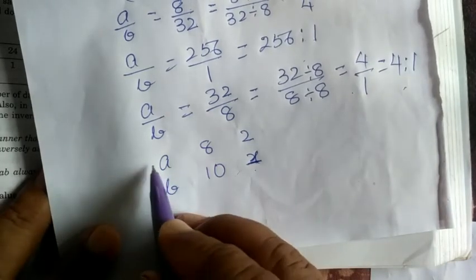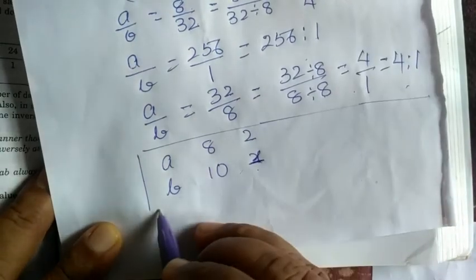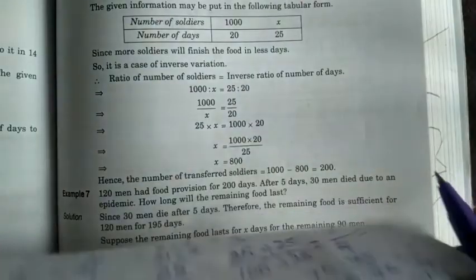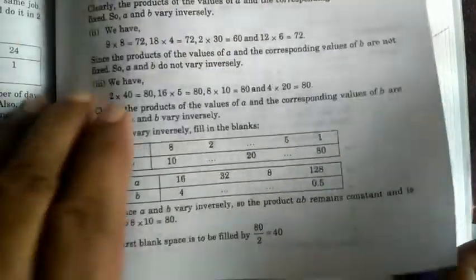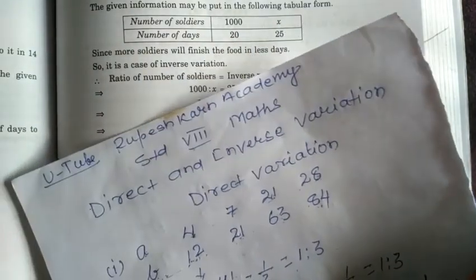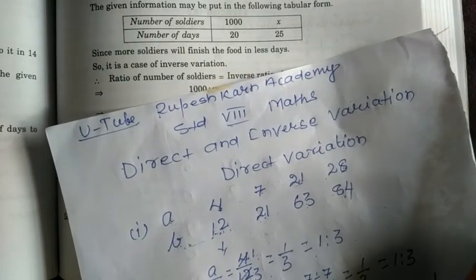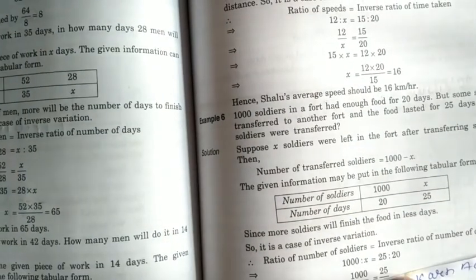So before this, I put you one question, a similar type of question in case of direct variation. See here, in direct variation, we will have to do this. How can we do this? I solve some questions regarding direct variation.